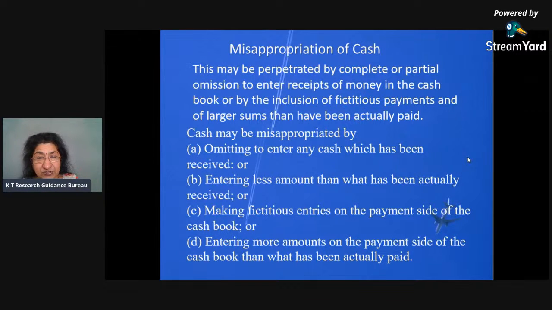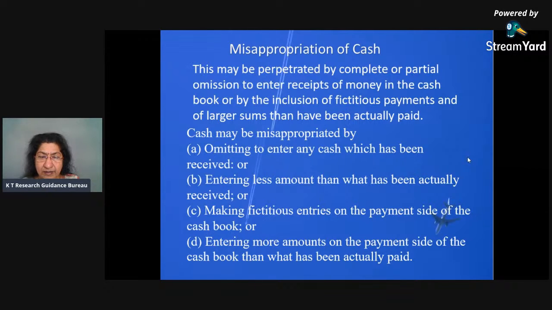So payment side is more. Instead of 10,000, he paid 12,000 rupees. In other cases also, in salary, suppose the person is not appointed, even though an artificial person was created, then they pay the salary. This also happens.